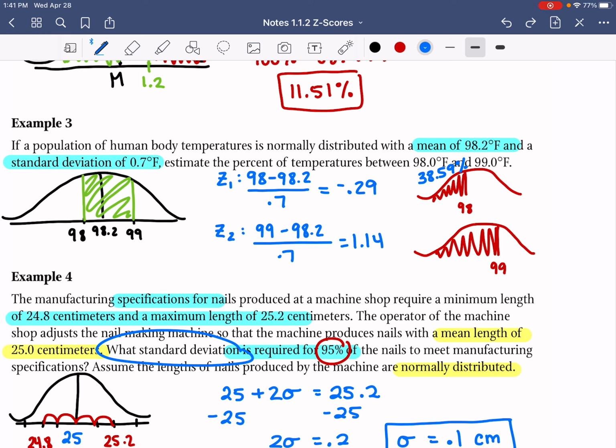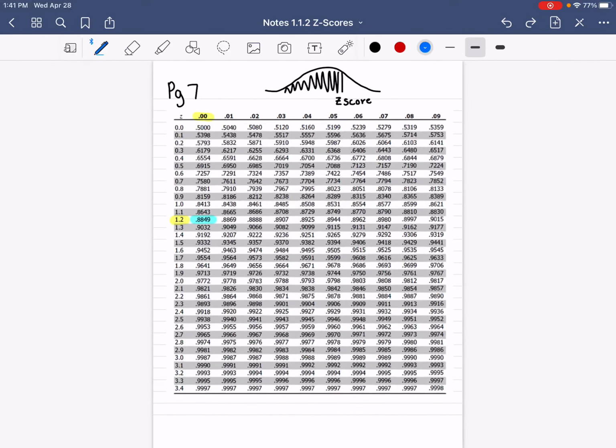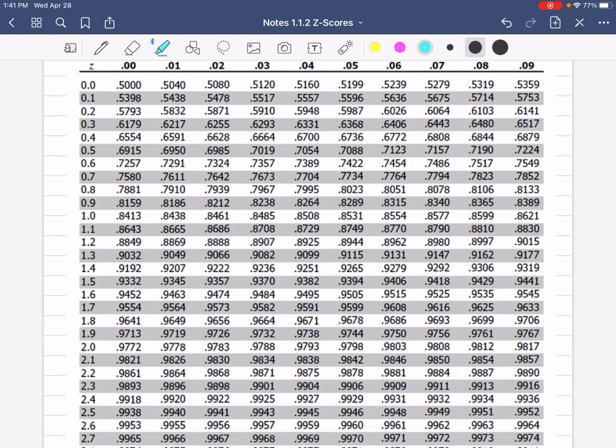Then I'm going to do 99, had a z-score of 1.14. So I'm going to be on the positive one now. Let me erase what I had before. It was 1.14. So I go to 1.1, and then I go to 4. So here's 0, 1, 2, 3, 4. So this is the one I'm going to use.